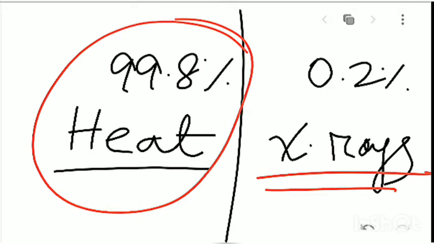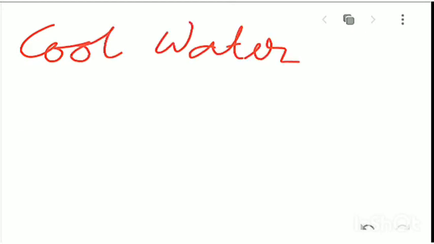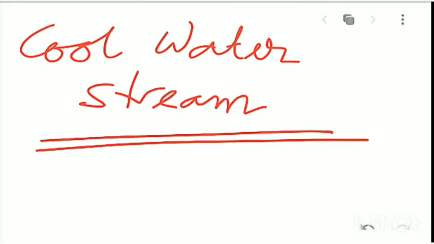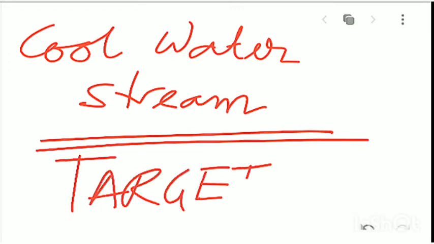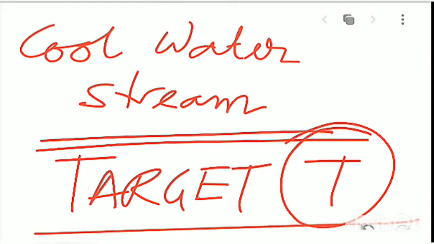Yes, we are using molybdenum or tungsten, a material which has a high melting point, but continuous exposure to this kind of radiation can melt them down. So to prevent melting down, we use a cool water stream inside the Coolidge tube to keep the target T at a lower temperature, so that it does not melt down. Clear?